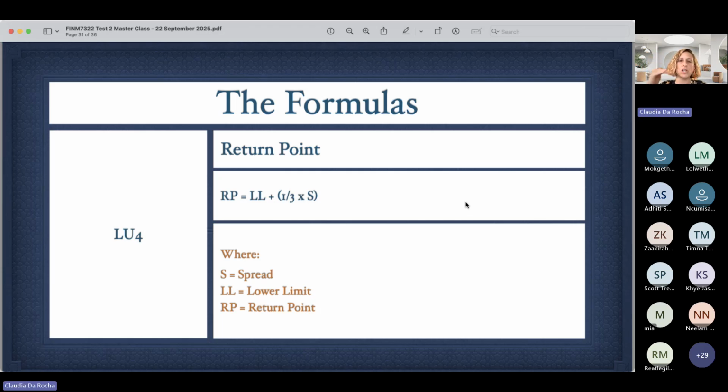Okay, the lower limit, the upper limit, and the return point. It's important that you understand that the lower limit is the lowest point at which your cash gets to. The upper limit is the highest point at which your cash gets to, and your return point is where your cash is stabilized.